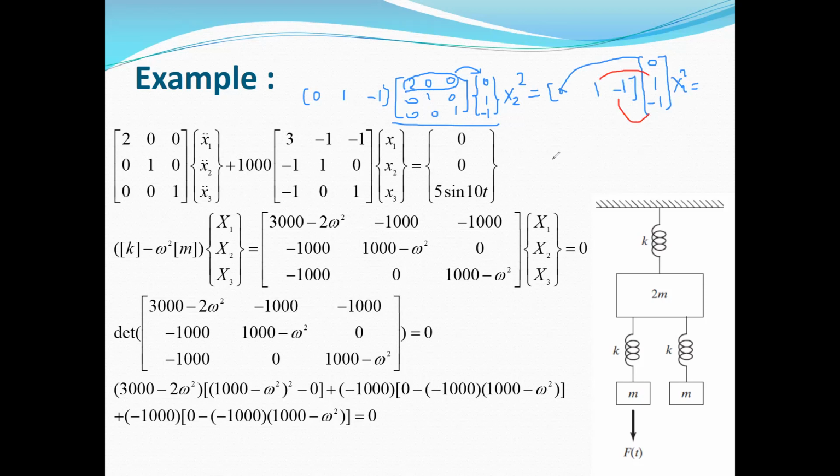So it's equal to 0 multiplied by 0 is 0, plus 1 multiplied by 1, which is 1, plus minus 1 multiplied by minus 1, which again is 1. Finally, multiplied by x2 squared, it must be equal to 1, and from here you can conclude that x2 squared is equal to 1 divided by 2, so x2 is equal to the square root of 1 divided by 2, or 1 over square root of 2.